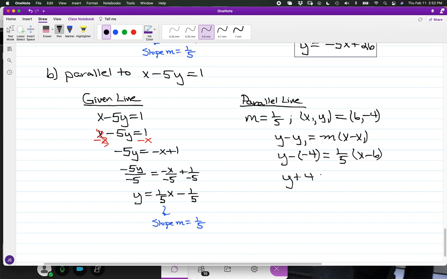So we have y plus 4 once again. And going from the point slope equation to the slope intercept, if I distribute the coefficient 1/5 over the quantity of x minus 6, this is going to be 1/5 of x minus 6/5.